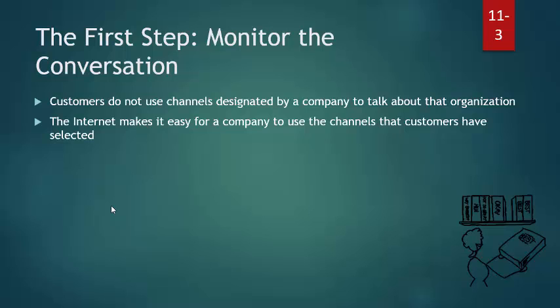So you need to have a way of looking at all different kinds of communication channels, and today they're probably all in the area of social media, and use those and find out what your customers have to say about your product or service. Now, the nice thing is that those social media applications all require some form of internet, and so you can use the internet to find that information.